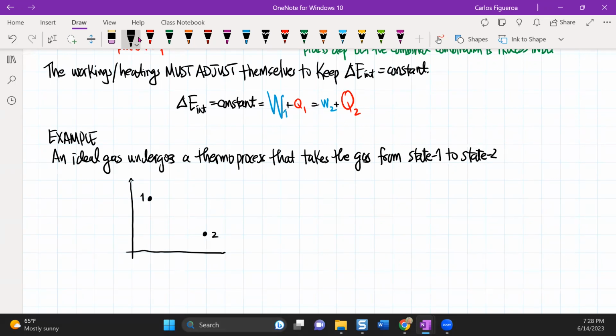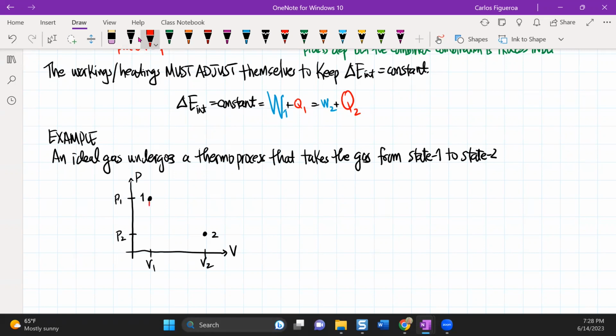If I look at the pressures, the pressure of 1 is going to be here, and the pressure of 2 is going to be right here. This is the volume of 1, and this is the volume of 2. So now all I care about is getting from state 1 to state 2.